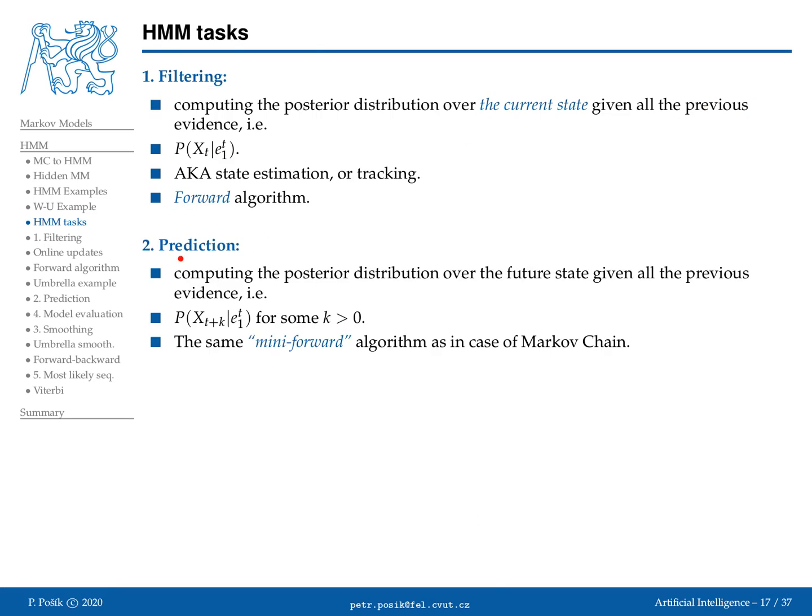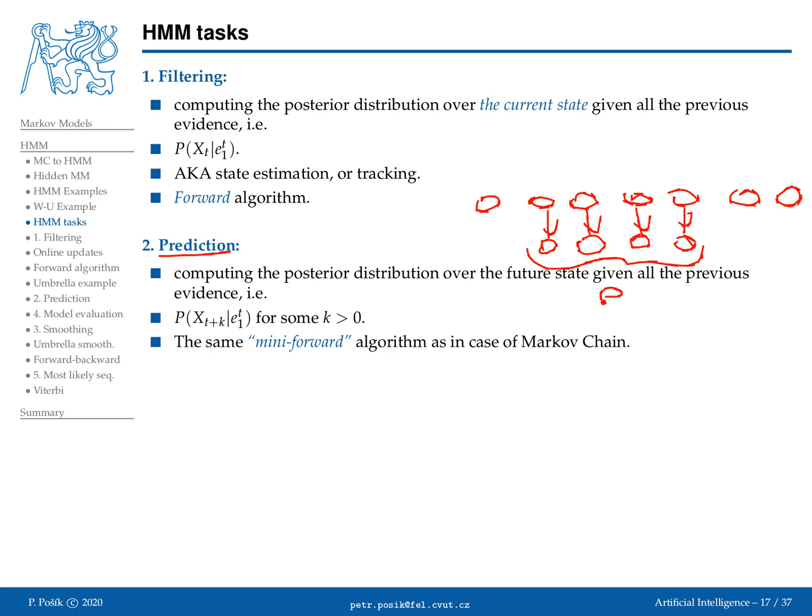Then there is the prediction task, which means that if you have this hidden Markov model with the observations, you would like to predict the distribution of some future state. So given this observation sequence, E1 to t, you would like to predict some future state.